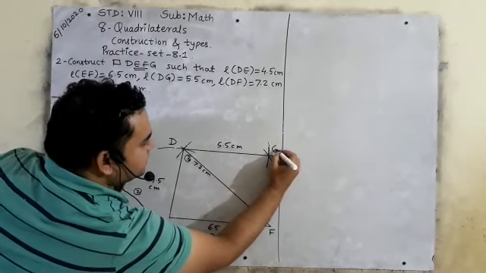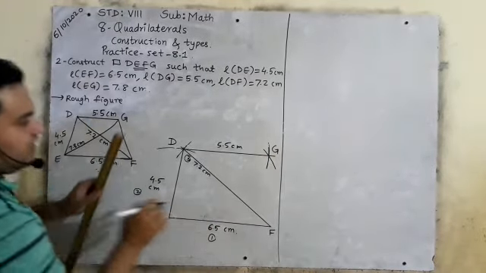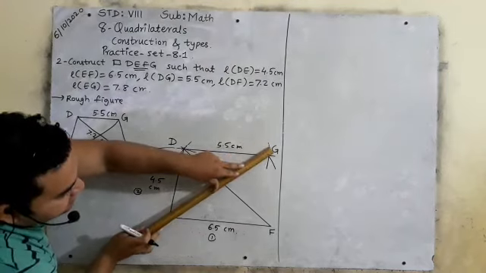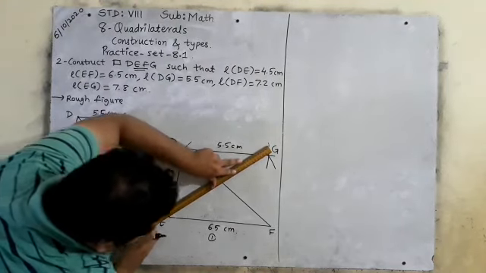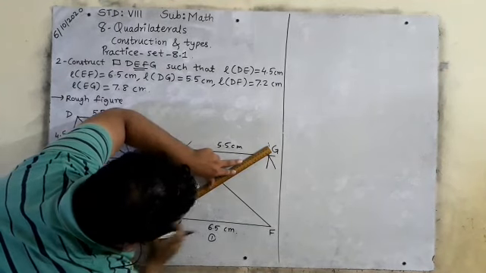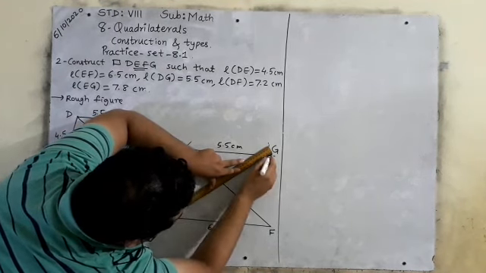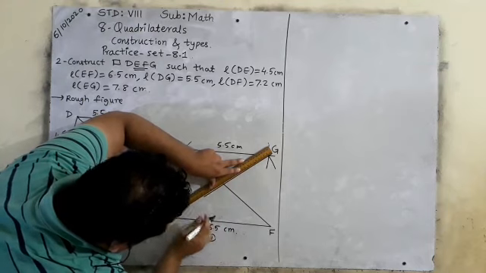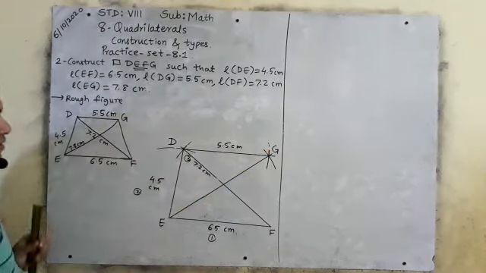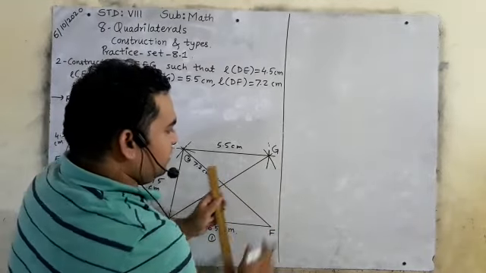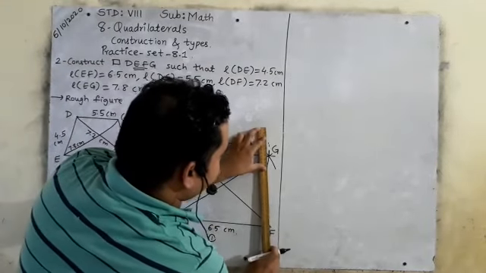This point will be considered as G. So EG I will take 7.8 centimeter. Okay, then I will join these two arcs. Okay, then this EGF also I will join over here automatically.